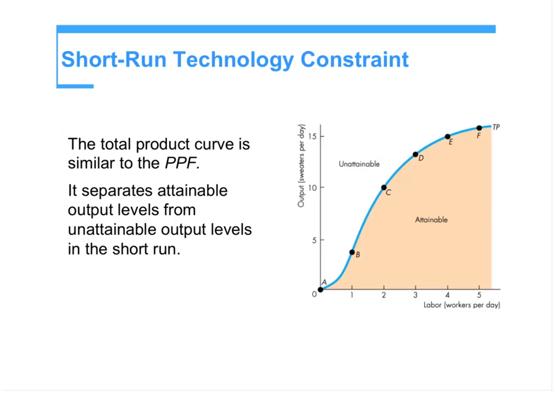In a sense, the total product curve is like the production possibility frontier. Production possibility frontier, you remember the possibility of production that we discussed last week, or the production possibility curve.